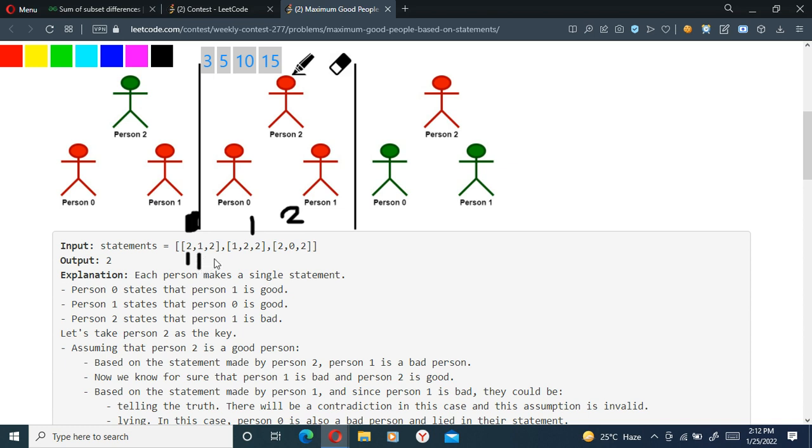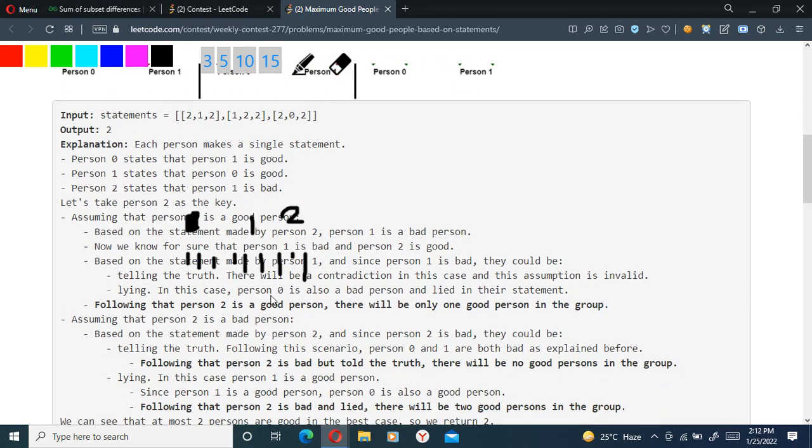The second person, no statement. He is telling that the first person is good. He himself nothing. This guy is also nothing. And the second one is telling the first person is a liar. The second person also does not know anything.